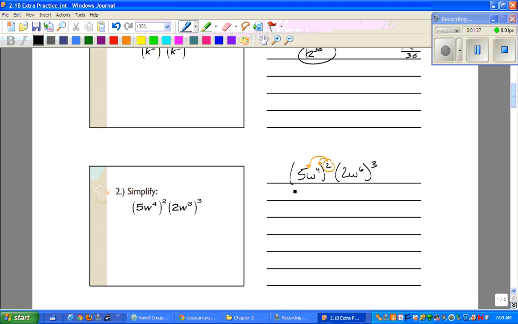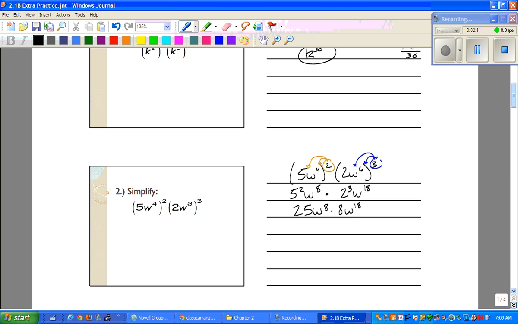All right, so we're going to do this first. 5 squared w to the 8th times, distribute that 2 cubed, w to the 18th because you multiplied. Let's take care of 5 squared and 2 cubed.